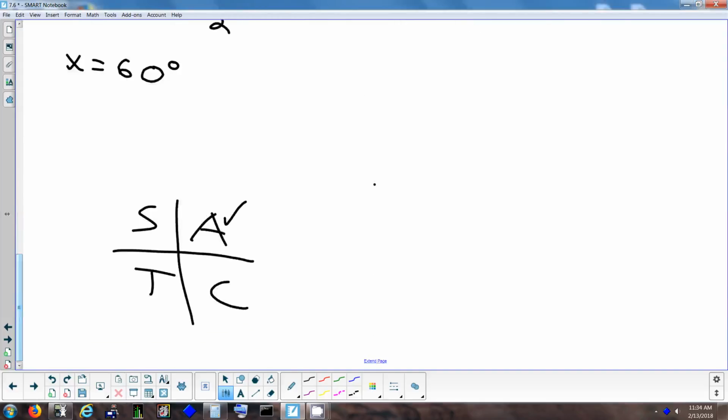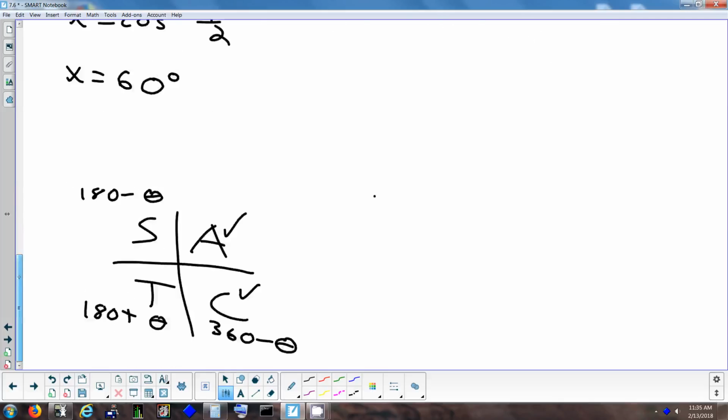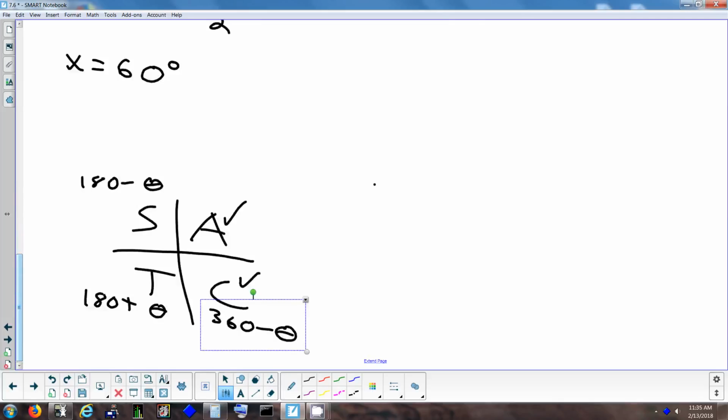I just got that one. Where else is cosine equal to a positive? Quadrant 4. If you don't remember how to find the answers in the quadrants, quadrant 2 is 180 minus your angle. If you're looking in quadrant 3, it's 180 plus your angle. We're not using either one of those in this problem yet. This is 360 minus your angle. What's your angle? 60. What's 360 minus 60?